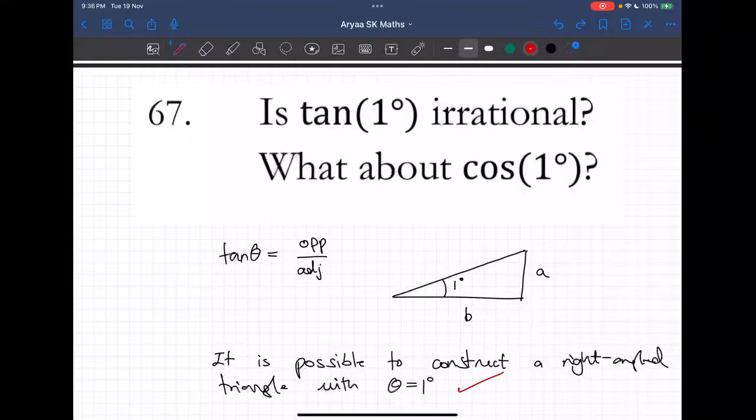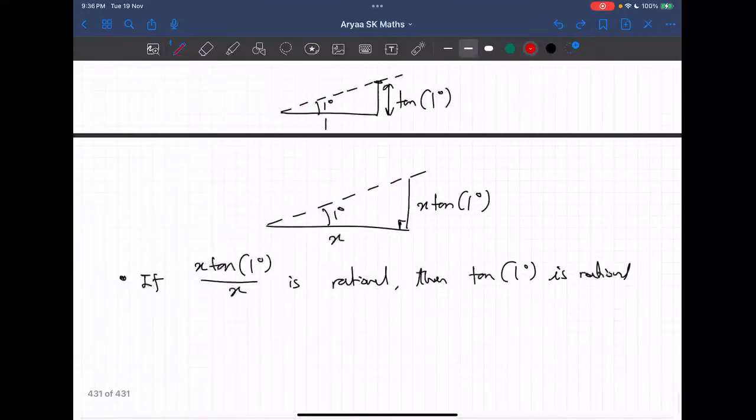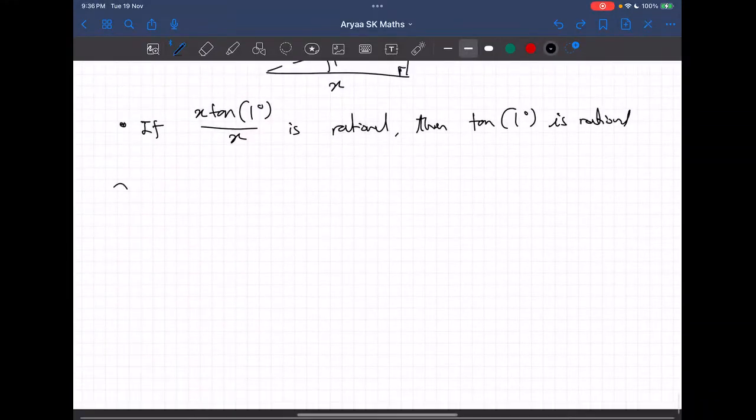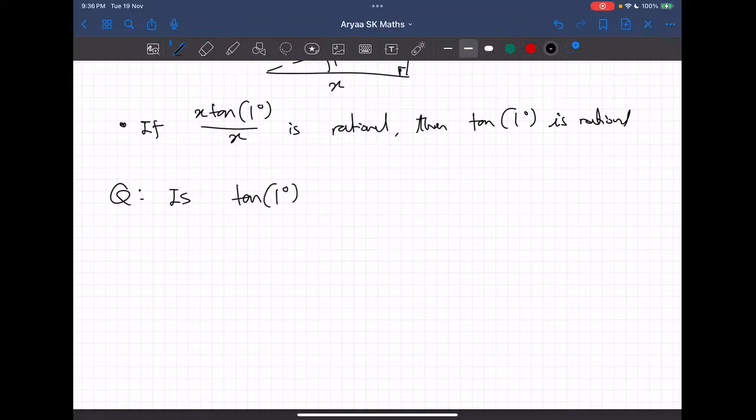Oh, this is a sticky one. Okay, how are we going to prove this? Okay, let's think. The question is: is tan of 1 degree irrational?